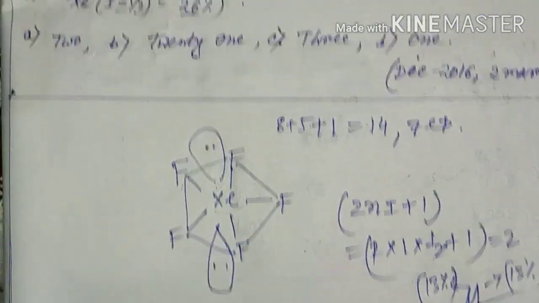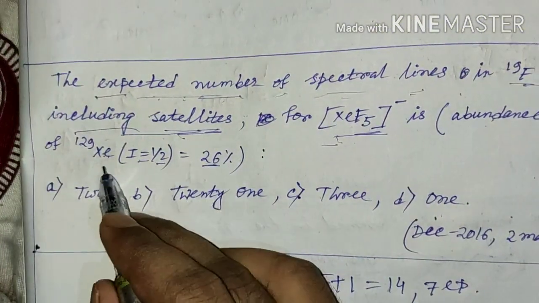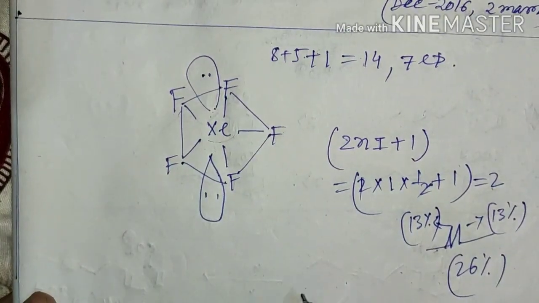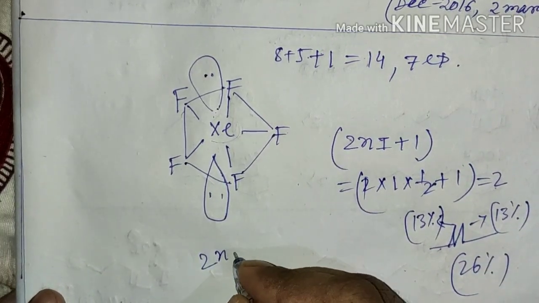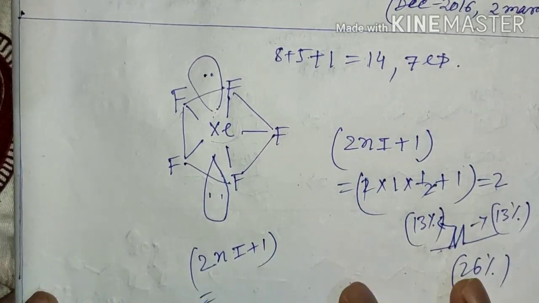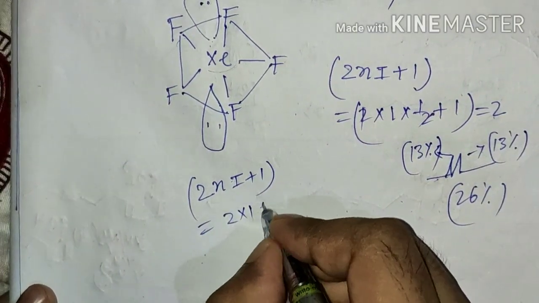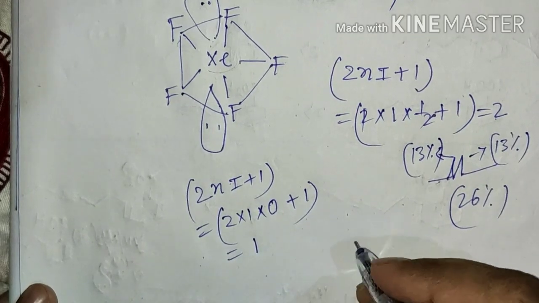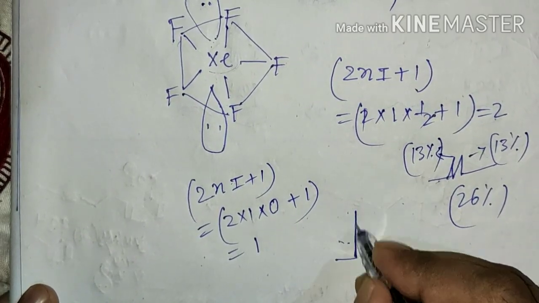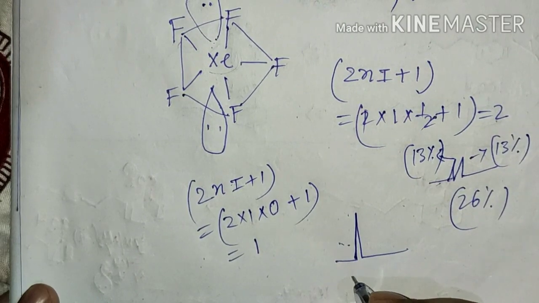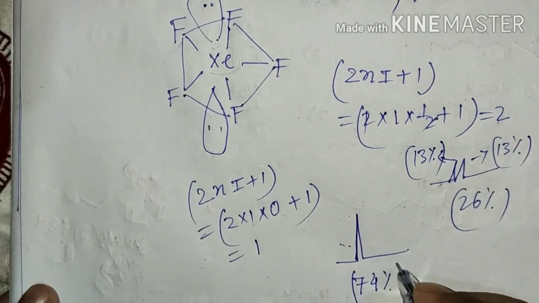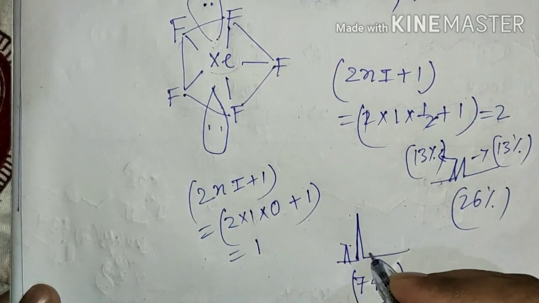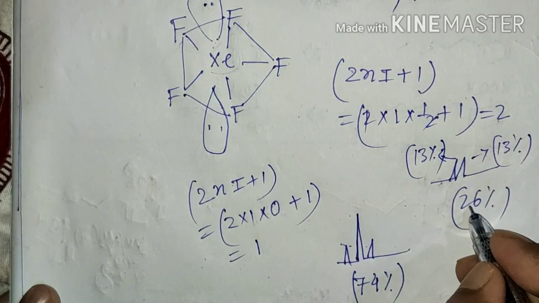Is it clear? And for the remaining 74%, for which I is equal to 0, N is equal to 1 and I is equal to 0, and it will be a singlet peak with an intensity of 74%, and there will be these 2 satellite peaks for which the total intensity is 26%.